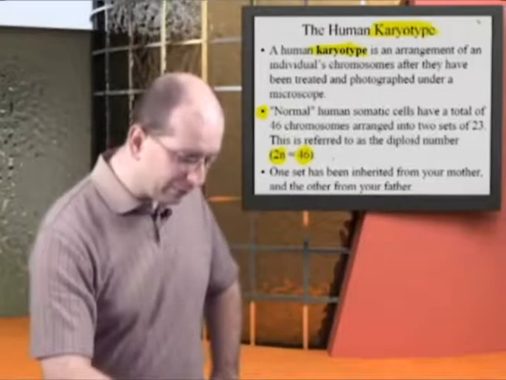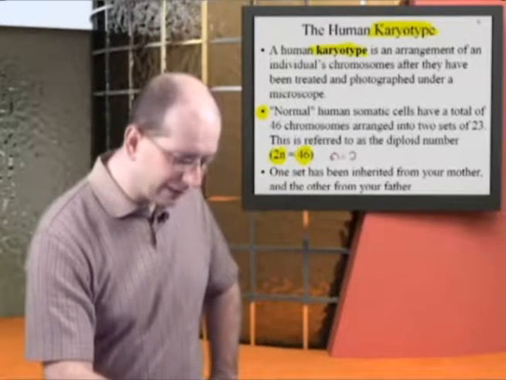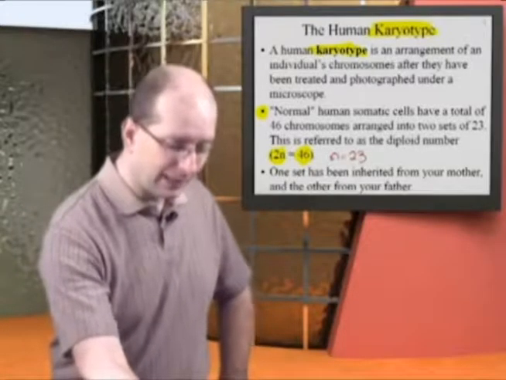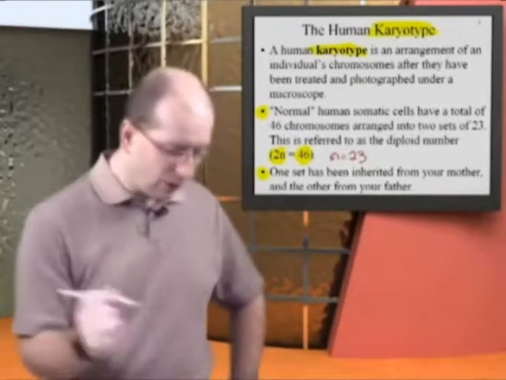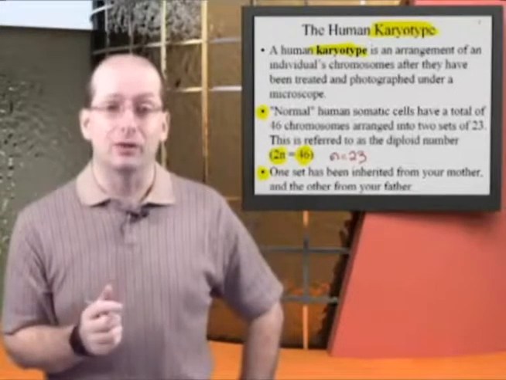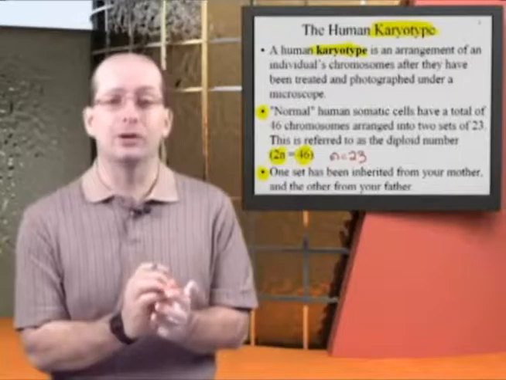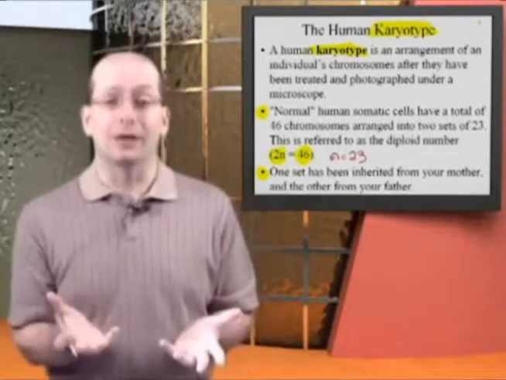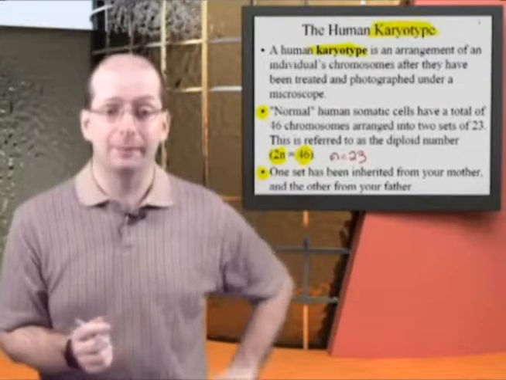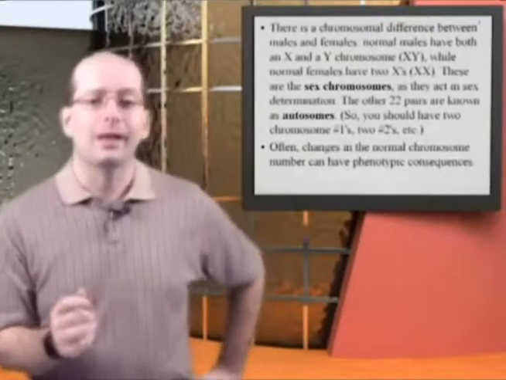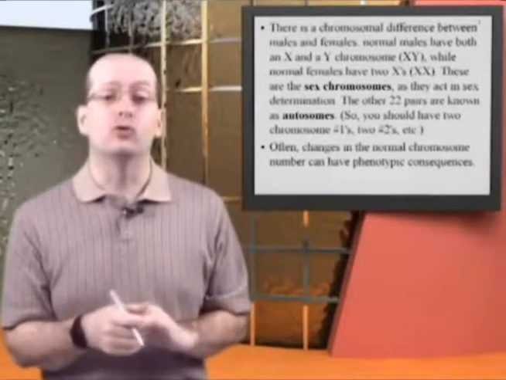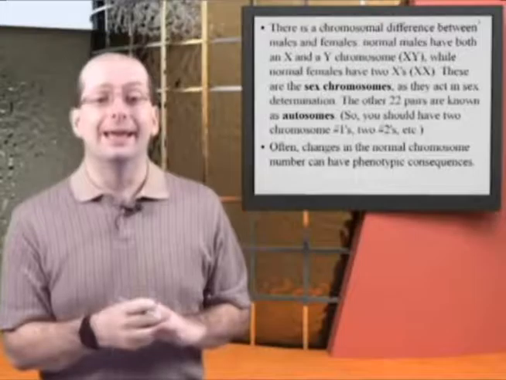I'm going to write it later, but that means that n, one full set, equals 23, and one of those sets, I think it's clear, but make sure, one of those sets you got from your mother, the other set you got from your father. And I'm speaking as if we're talking about humans, and we are, but this general idea applies to eukaryotic diploid organisms.